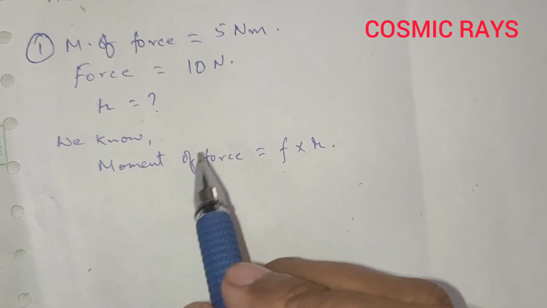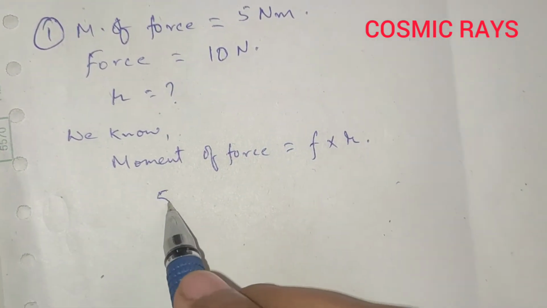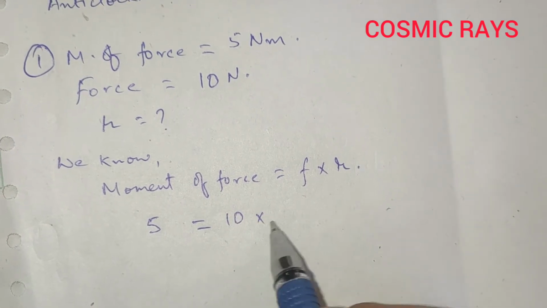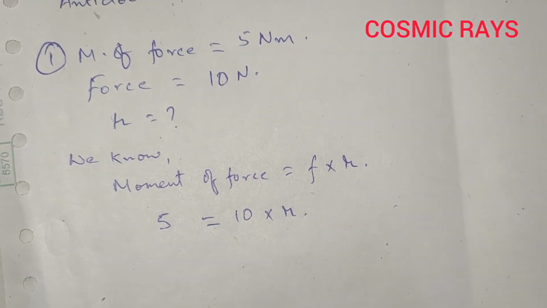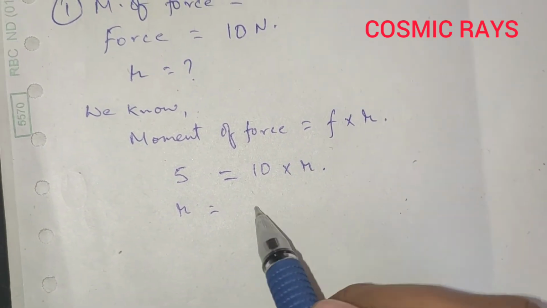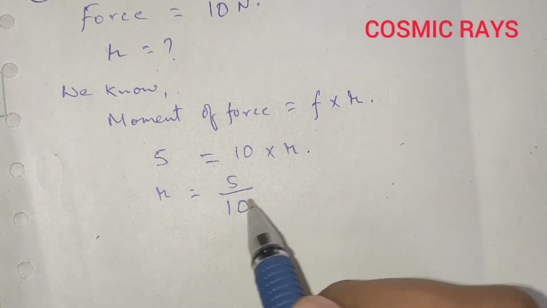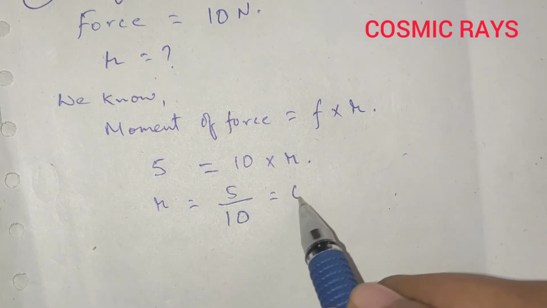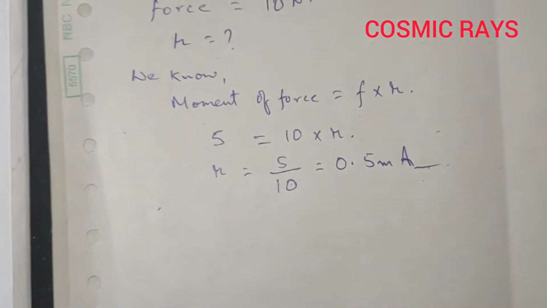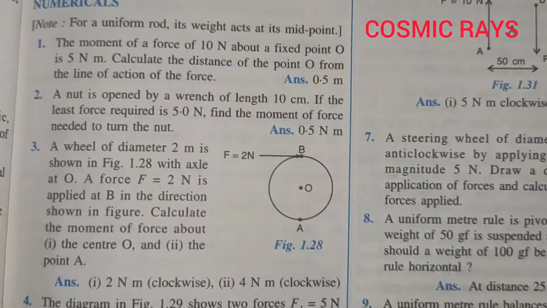Moment of force, 5 Newton meter, is equal to force 10 multiplied by R. So here the value of R, or the distance, is 5 divided by 10, which is 0.5 meter. This will be the answer.